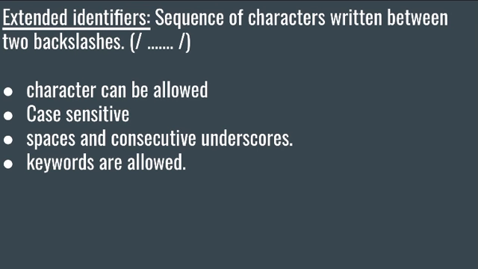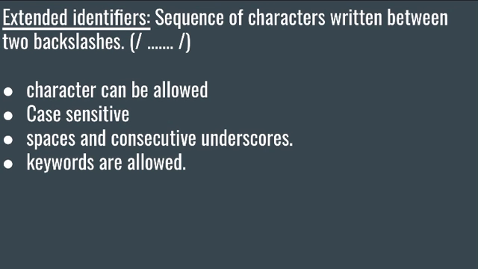Any characters can be allowed, for example the at symbol, percentage, dollar symbol, or hash. This extended identifier is case sensitive, and it may contain spaces and consecutive underscores also. VHDL keywords are allowed in these identifiers.